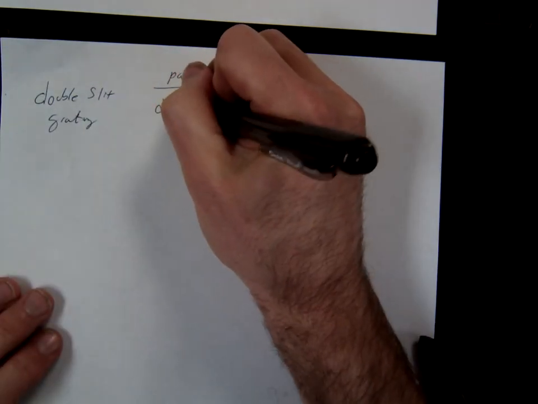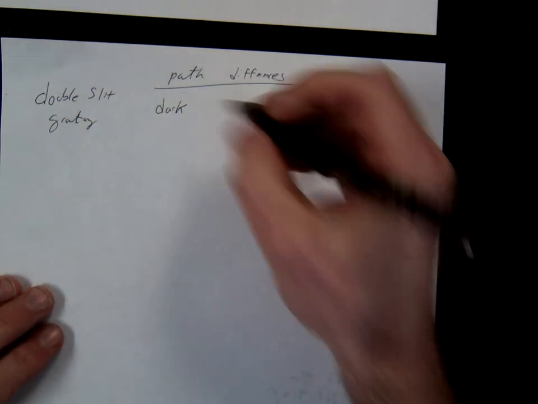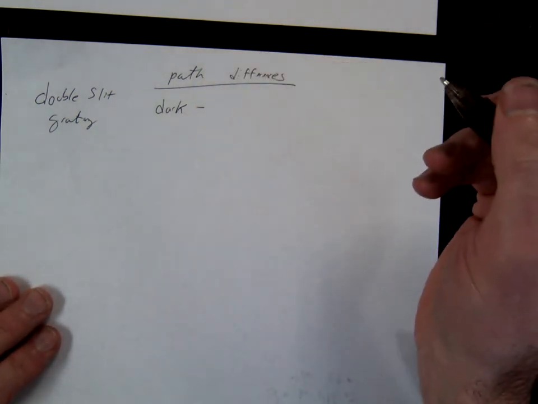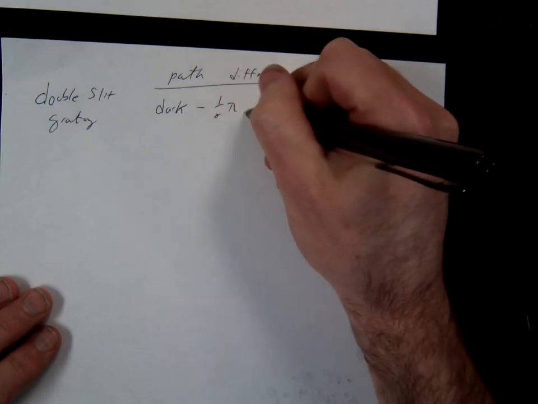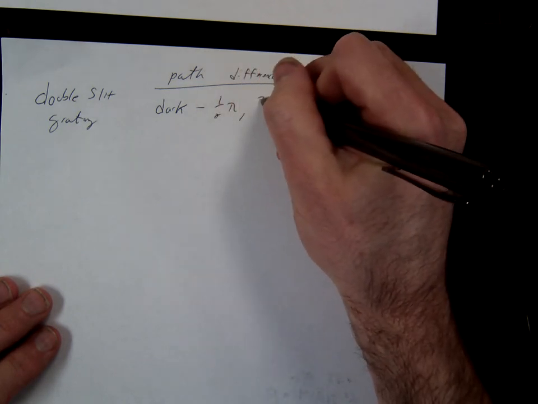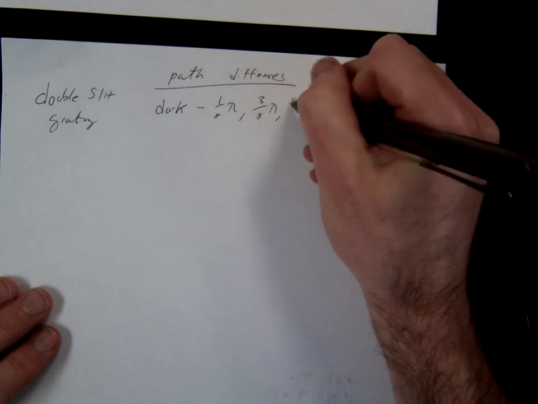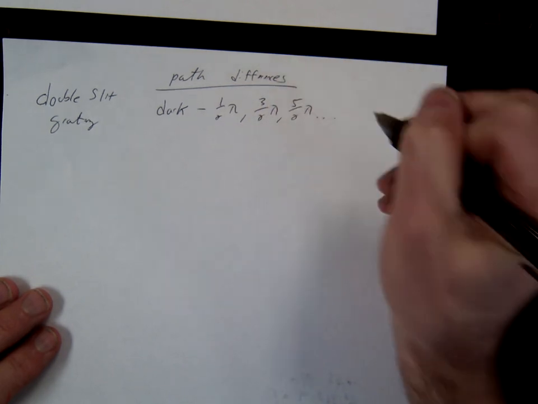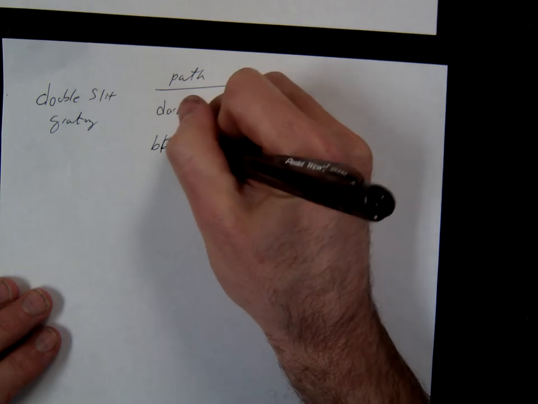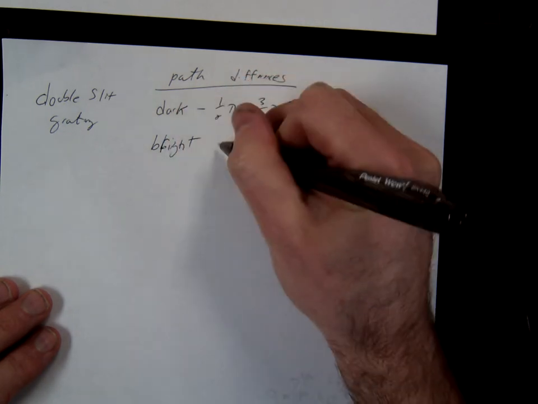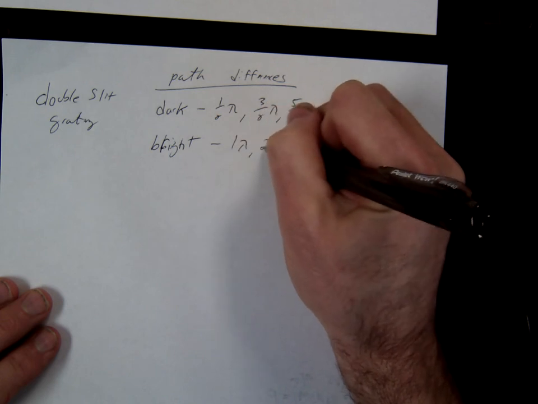For a double slit or for a grating, where does the first dark spot occur? A half of a wavelength. And then 3 halves, and so on. Where does the first bright spot occur? 1 wavelength, 2 wavelengths, 3 wavelengths.